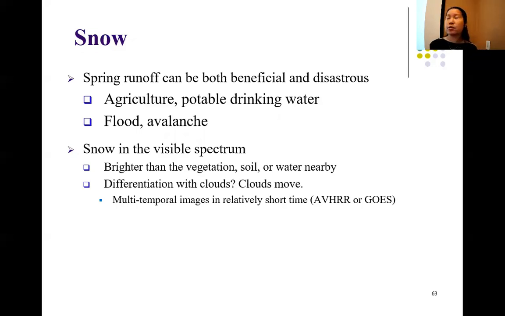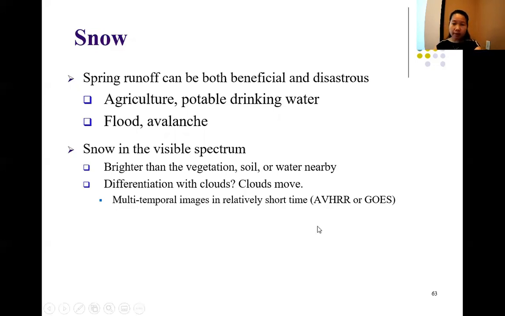So you might be able to, for example, use a threshold on a certain band to separate them. However, sometimes if there are clouds in the data set, clouds also show bright. So if you only use the visible band, there may be a challenge separating snow and cloud.